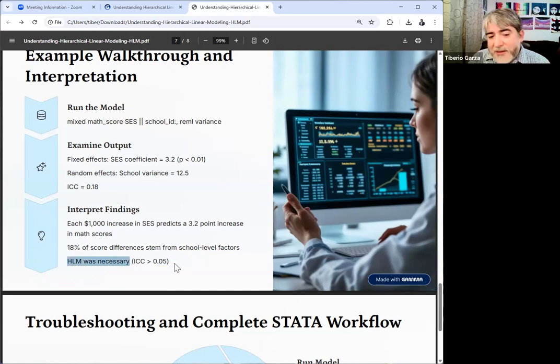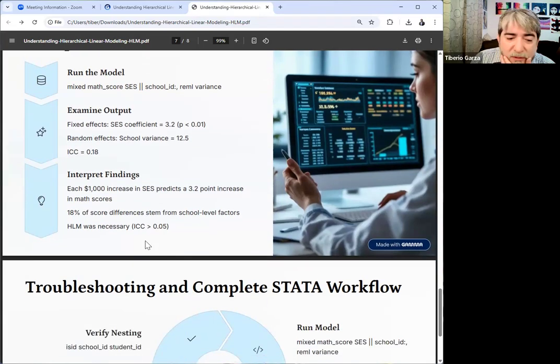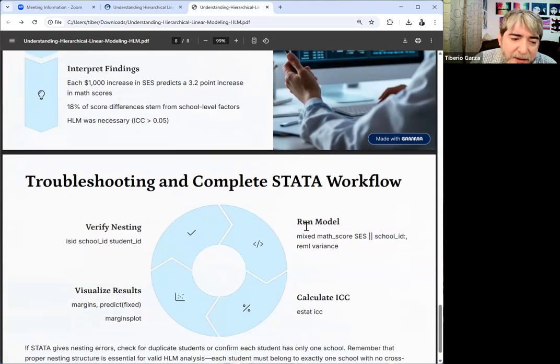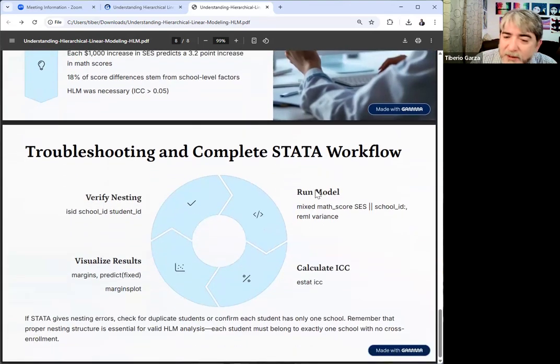I want to stress this is the deciding factor when we need to use HLM. This would confirm the use of HLM. And just some other things, troubleshooting and completing your Stata workflow, illustrating some major pieces of code we would use.